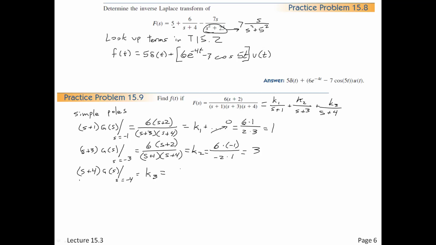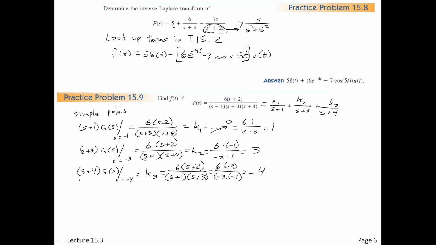That'll be 6 times s plus 2 over s plus 1, s plus 3. If we plug in the numbers, minus 4, 6 times minus 4 plus 2 is minus 2, over minus 4 plus 1 is minus 3, times minus 4 plus 3, that's another minus 1. So we got a bunch of minus signs, so it looks like this will be equal to minus 4.